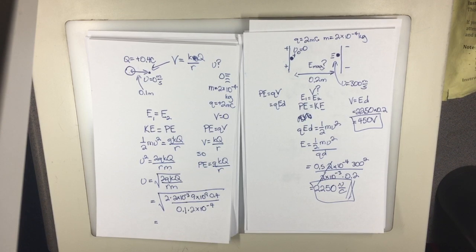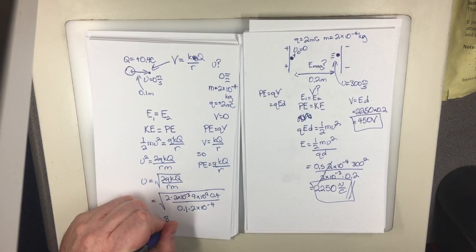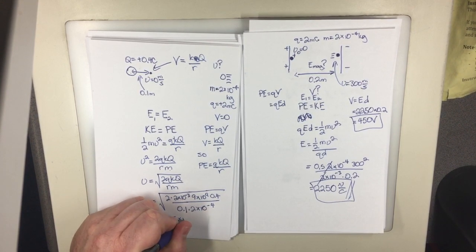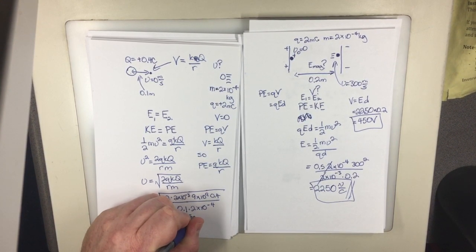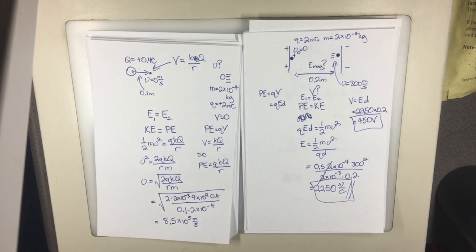It's 8.5 times 10 to the 5th meters per second. So it's traveling at roughly 0.3% of light speed, which is okay, fine. But that's how you would do it in both cases.